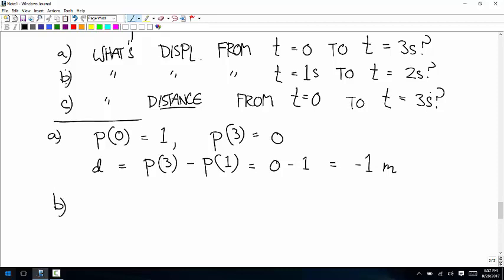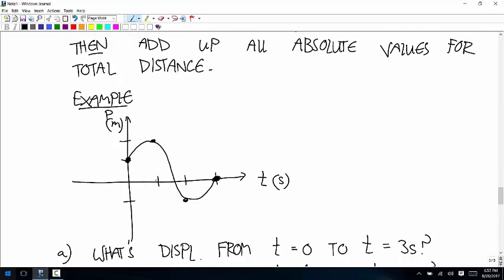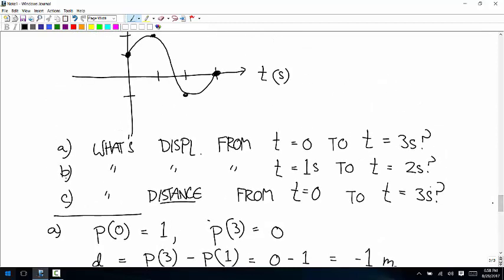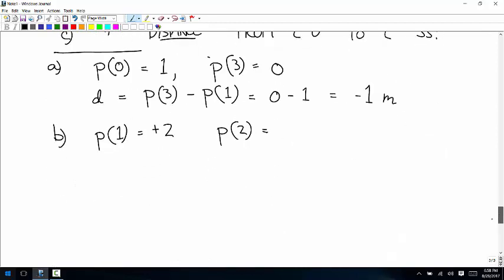So the second one, what's the displacement from 1 second to 2 seconds? What's the position at 1 second? At 1 second, the position is positive 2. And at 2 seconds, what's the position? Negative 1.